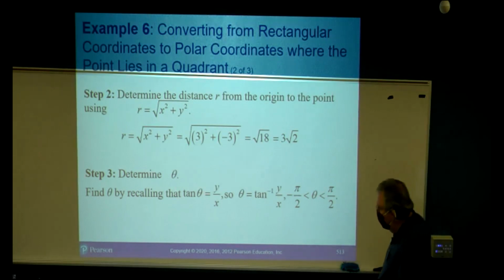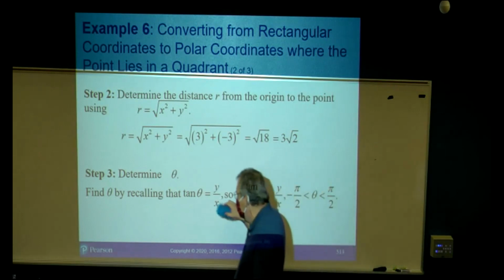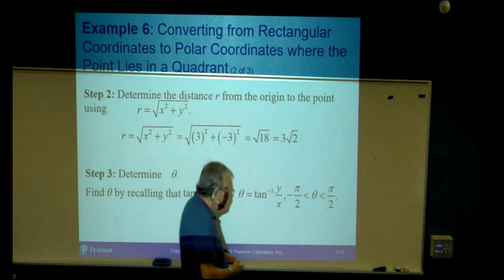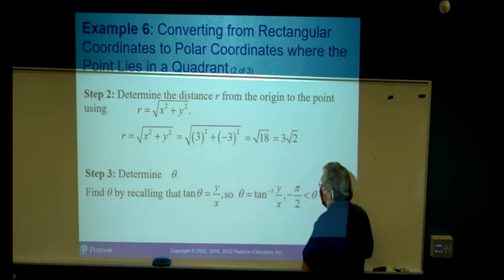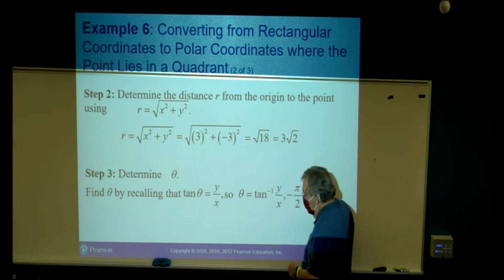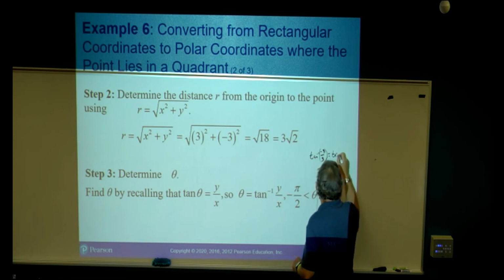So what they end up doing, and this is usually the formula we want to use, we know x and y, which is 3 and -3. So we're going to do the tangent inverse of -3/3.